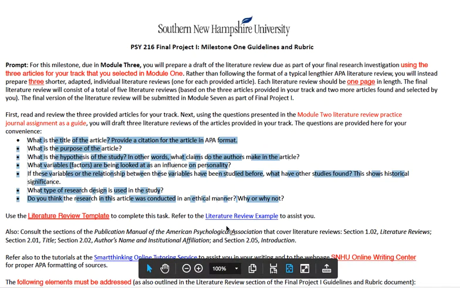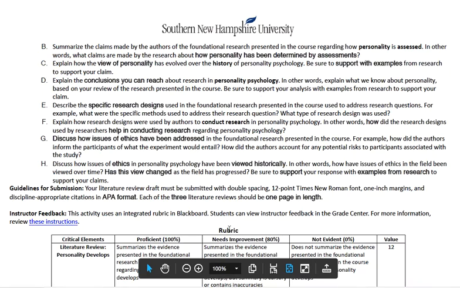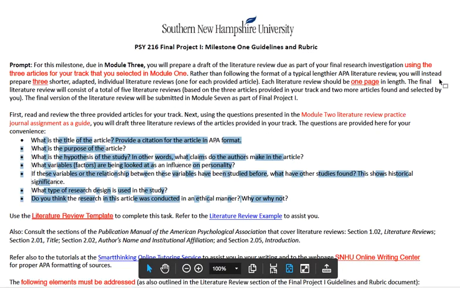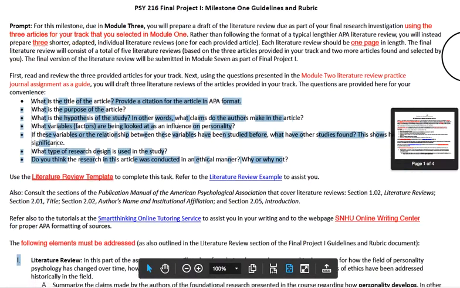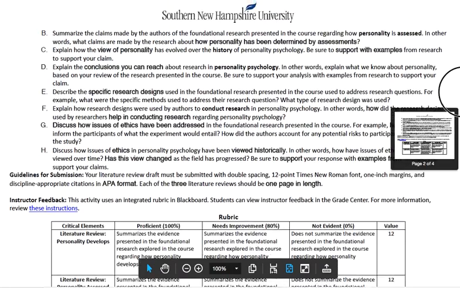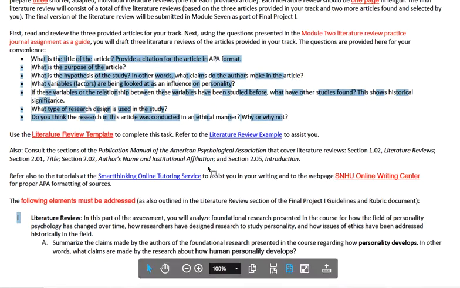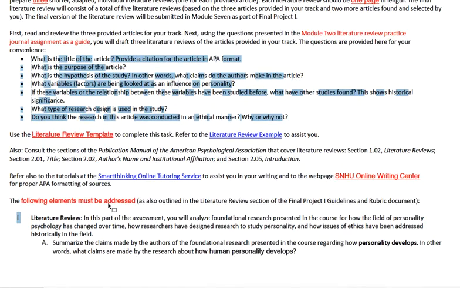Okay, if I can scroll down here. The following items or elements must be included, must be addressed. So when you're looking at the rubric, these are the essential, critical elements or components that have to be included in your assignment.